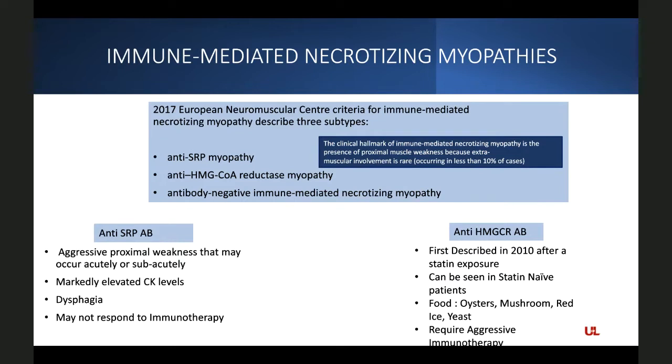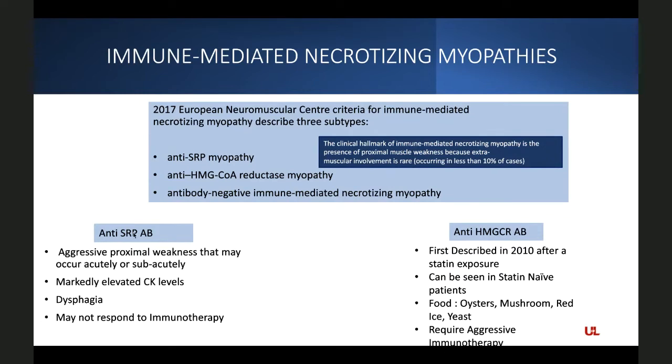Well, the clinical hallmark for all immune-mediated necrotizing myopathy is the presence of proximal muscle weakness. And extramuscular involvement, as we saw in dermatomyositis and antisynthetase, is rare. So this particular group is mainly focused on muscles, and you have more muscular involvement than anything else.